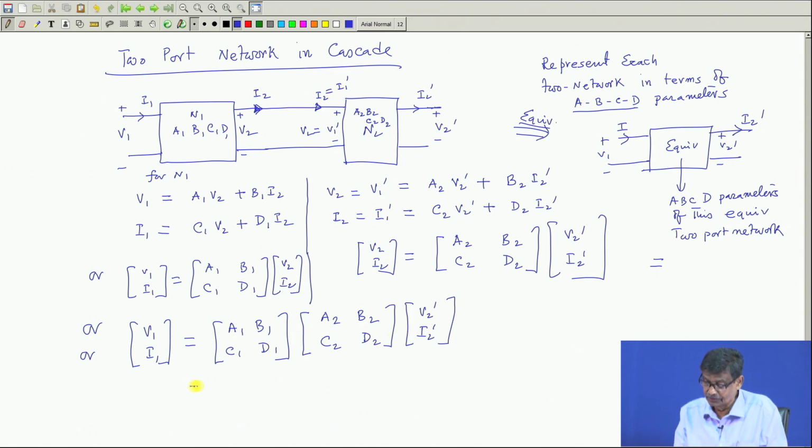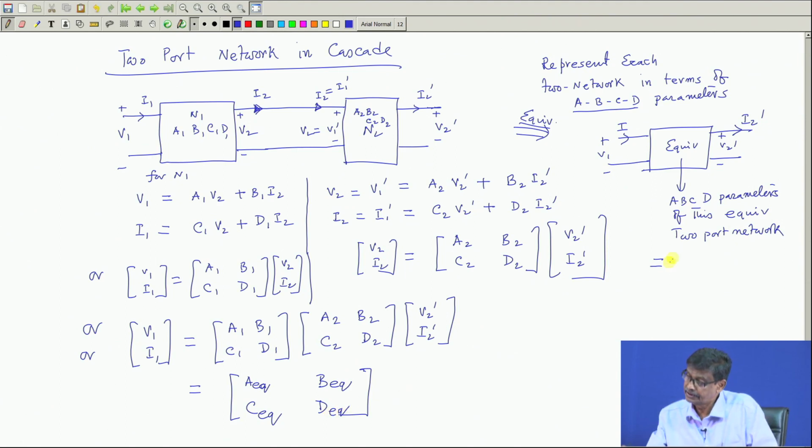So, this is equivalent to, it will also be a 2 by 2 matrix, whatever it will be, that is A1 A2 plus B1 C2 etc. So, this will be the A equivalent, and whatever you get, you say B equivalent, C equivalent and D equivalent.